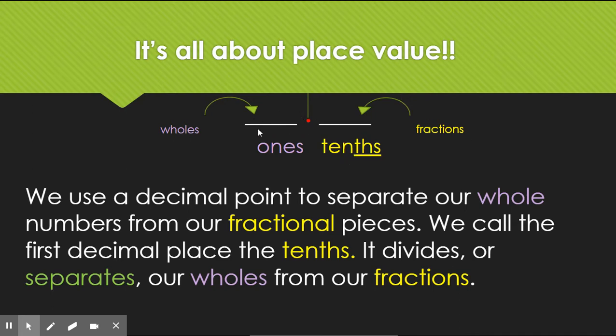Everything to the left of the decimal point is called a whole number, and everything to the right, those are our fractions, our decimals. It's like if you drew a line down the middle: everything to the left is a whole, everything to the right, those are our fractions or our decimals.